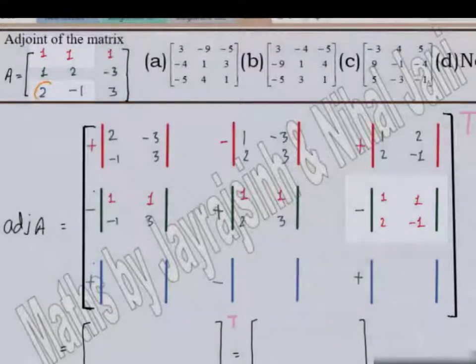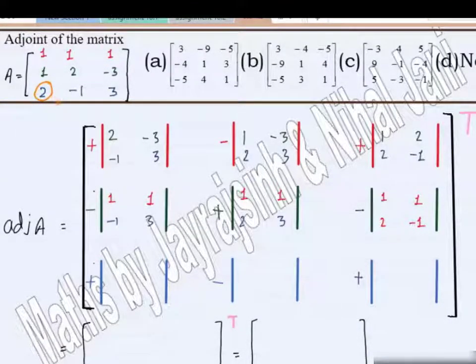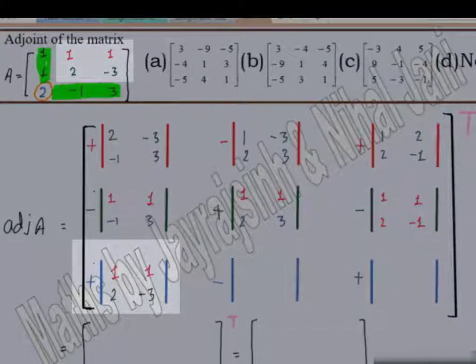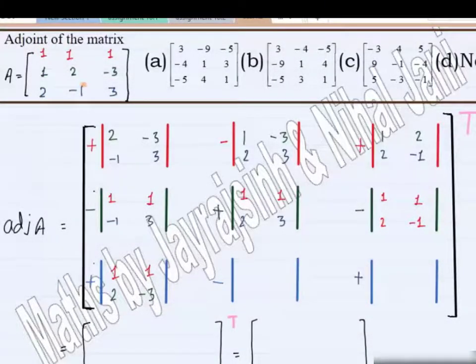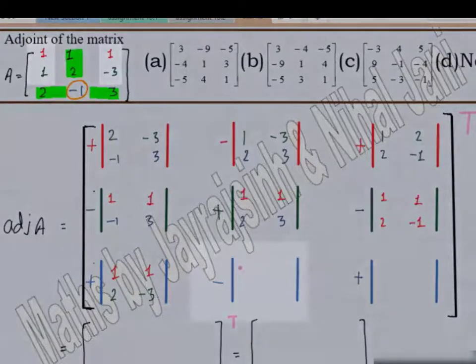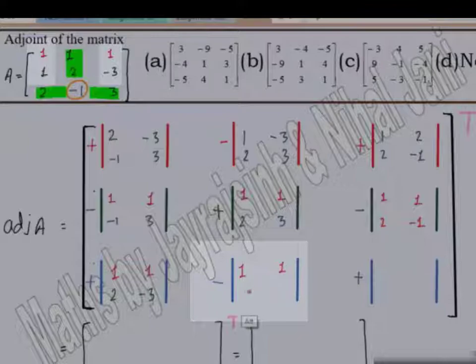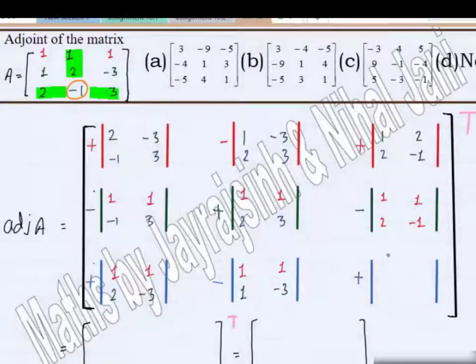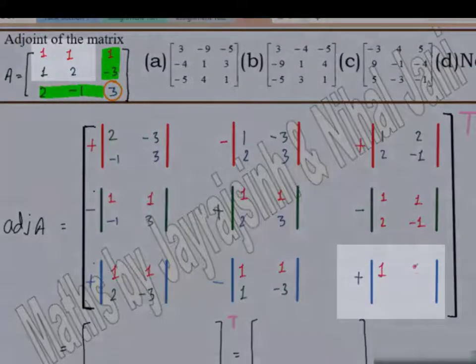Then the cofactor of the last row's first element is plus 1, 1, 2, minus 3, and the next one will have minus 1, 1 and 1, minus 3. The last cofactor is 1, 1, 1, 2.